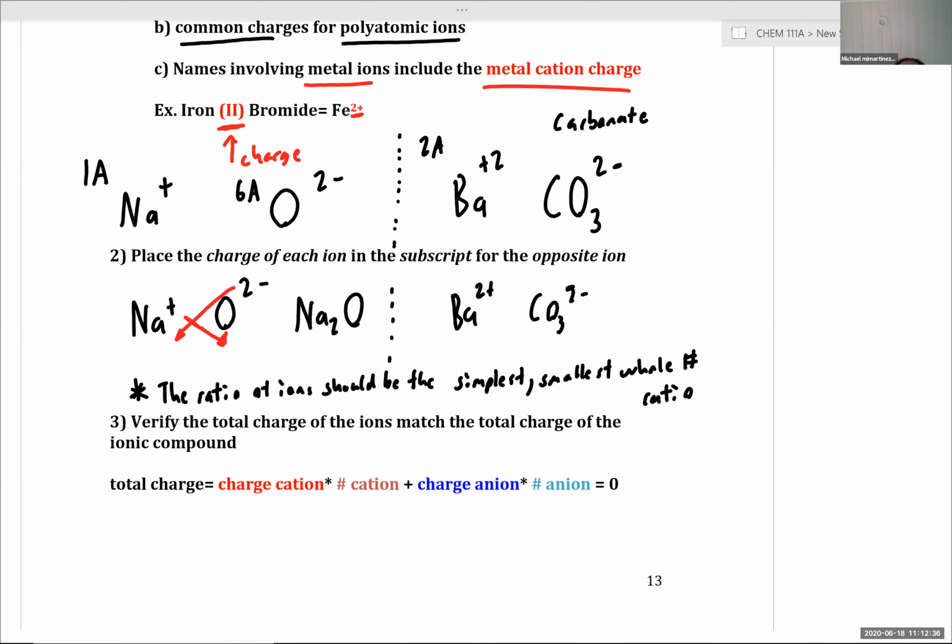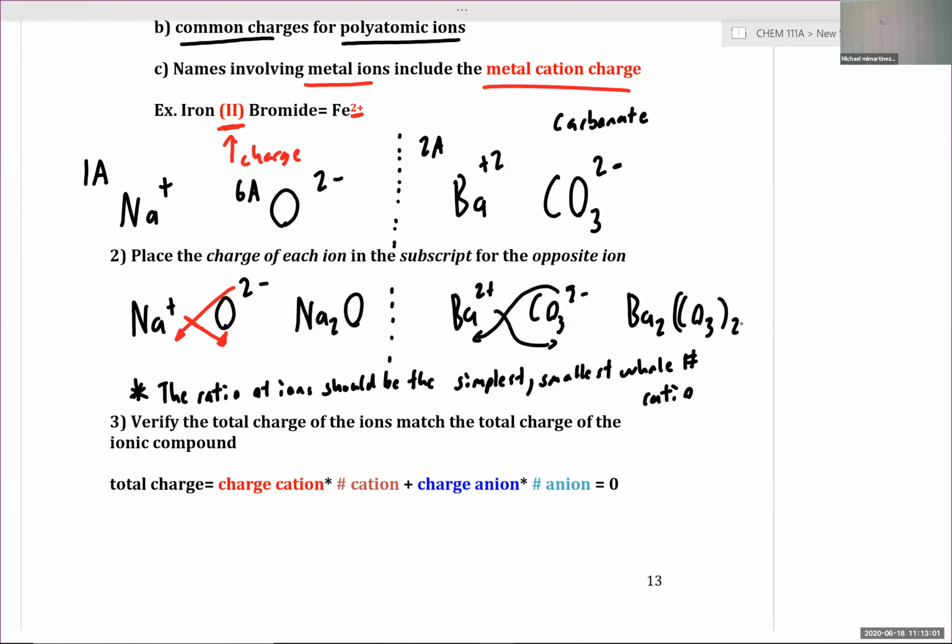So once we have our two ion charges, we want the ratio of ions to be the simplest, smallest whole number ratio. So if we cross our charges, we would predict a formula of barium 2, carbonate 2. However, is there a simpler ratio than 2 to 2?